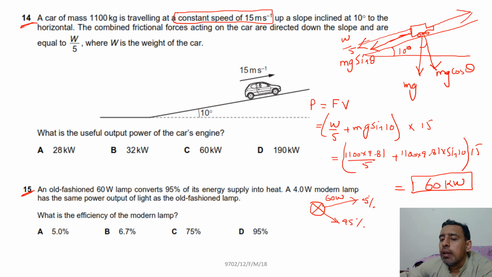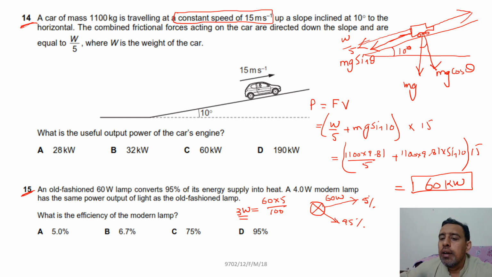So we get 5% of this: 60 into 5 by 10 is equal to 3 watt. So 3 watt is the 5%.